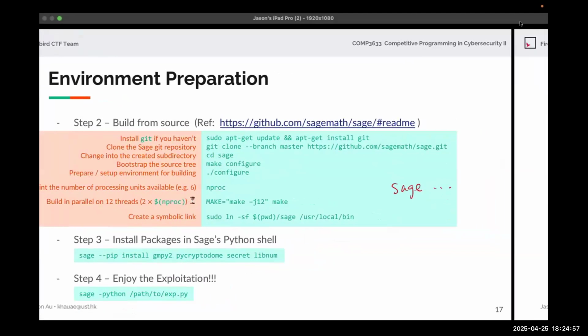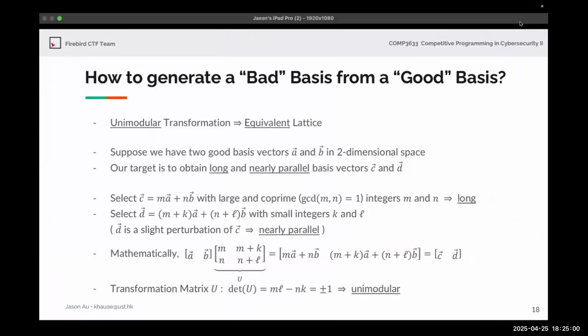Now let me introduce the mechanism behind the conversion between a good and bad basis. We know that a bad basis is a public key, and a good basis is the private key. It's very easy to come up with a private key: just randomly pick 2 short vectors, and then we use these short vectors to generate some very big numbers and very close vectors, which is called a bad basis.